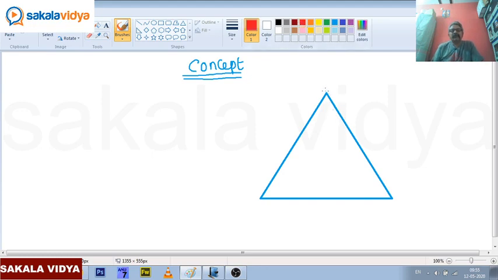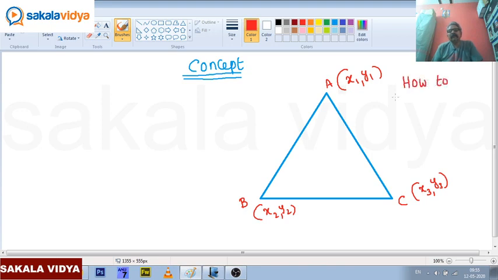Suppose this is vertex A, this is vertex B and vertex C. For example, A coordinates are x1 comma y1, B coordinates are x2 comma y2, C coordinates are x3 comma y3. Now how to find orthocenter? This is the question.